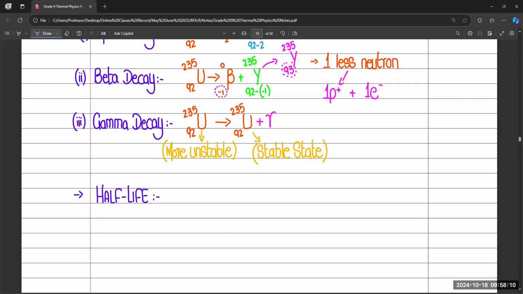Okay. So if we write down the definition, there are two ways to write down the definition of half-life.